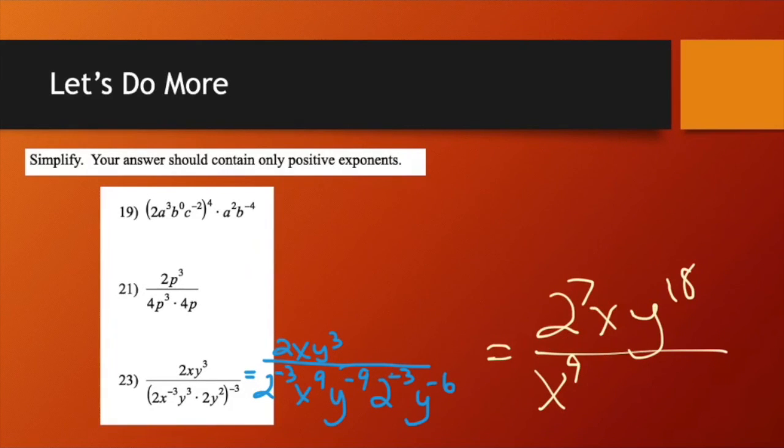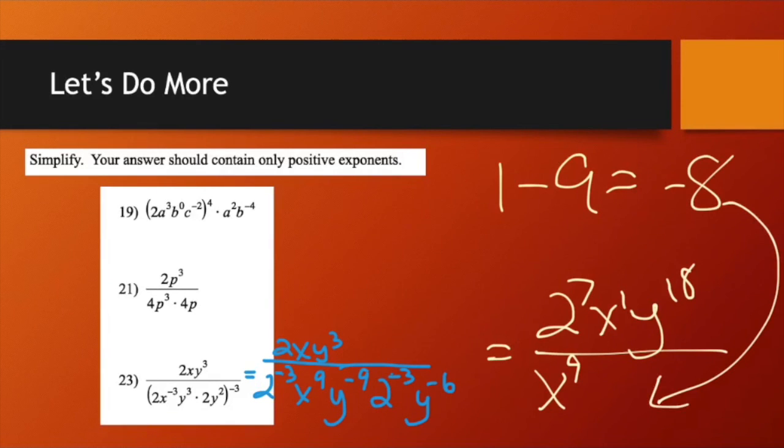This says I have 1 x on the top and 9 on the bottom, so we could subtract: 1 minus 9 is -8. So we'd have x to the 8 on the bottom.